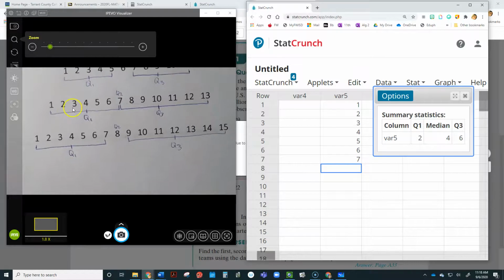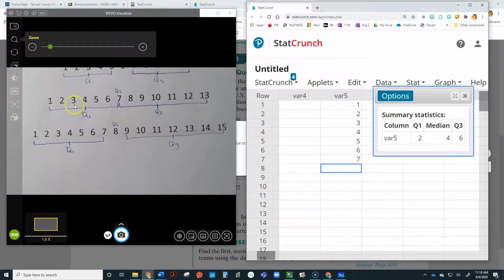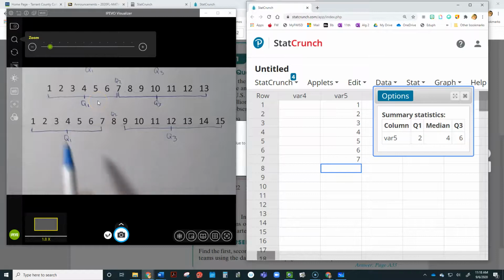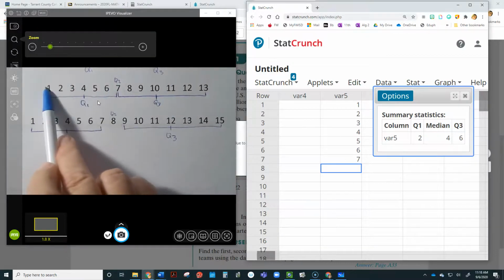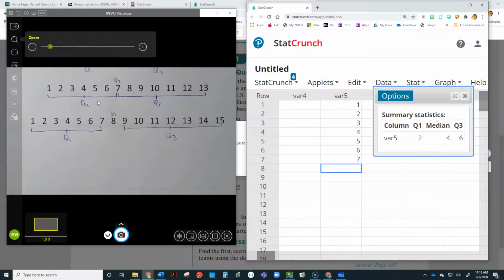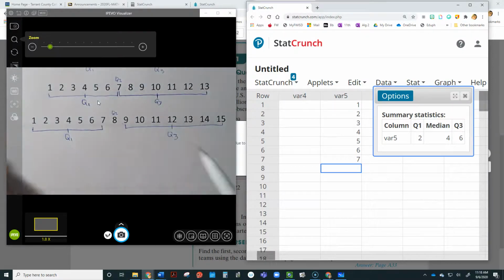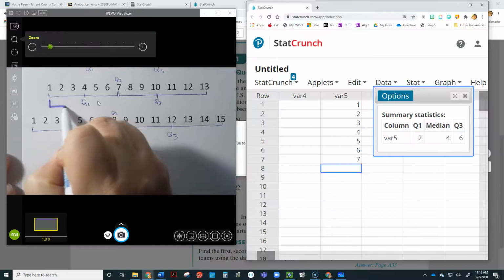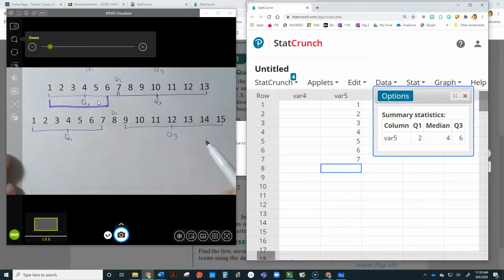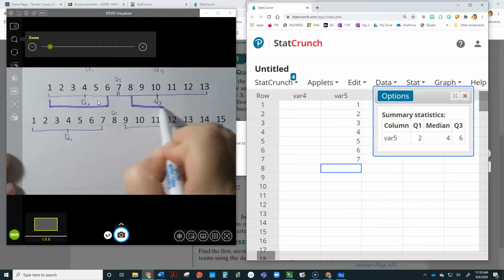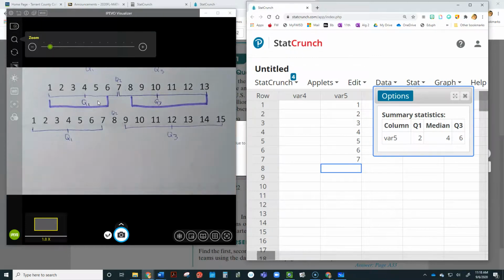So if you had this set of data right here, this was your homework problem, these 13 numbers, and you did it by hand, following the rules by the book, you would only use this to find your Q1 and Q3.